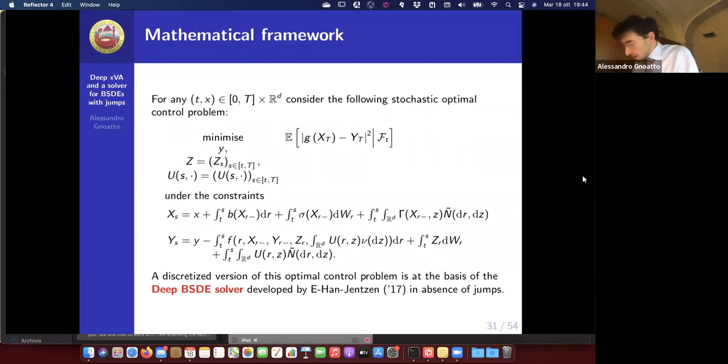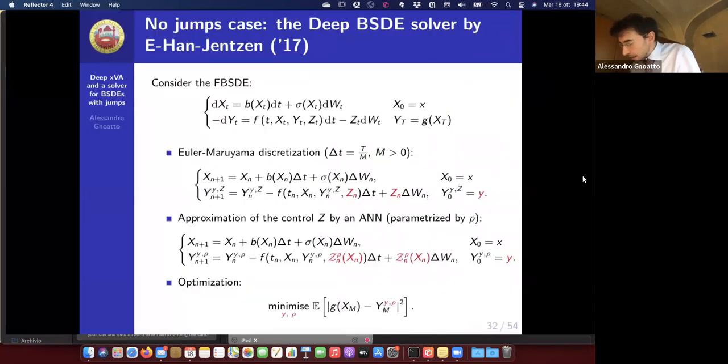The idea is we want to extend the logic of the deep solver of Han and Jentzen, which is exactly like in the previous part of the talk, the following. You start from the forward-backward SDE, you discretize it with a standard Euler-Maruyama discretization.